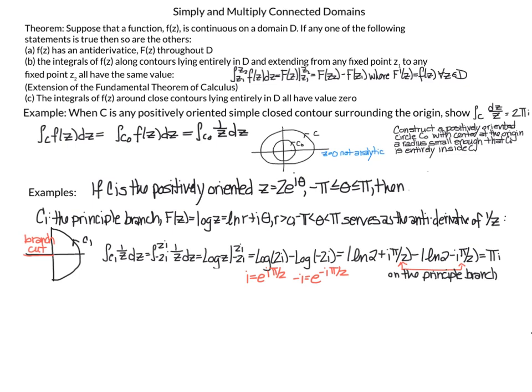And again, branch cuts was a video even before we had talked about antiderivatives. So it's been a while, but the branch cut allowed us to avoid these areas where a function is not defined. And what we did for 1 over z is we cut our circle into two parts. First, we took the right hemisphere and we defined our branch cut for log of z as the line from 0 all the way to the left on the x-axis.